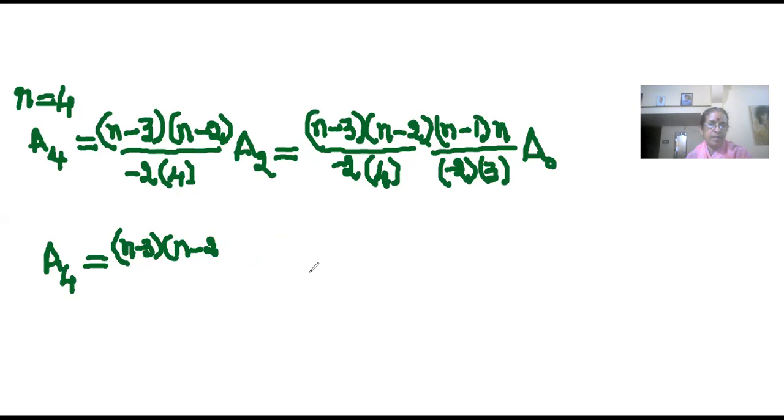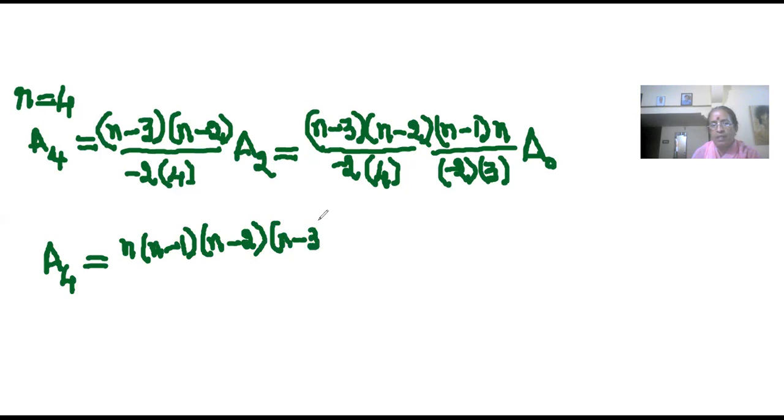I'm going to rewrite like this: N into N minus 1 into N minus 2 into N minus 3, whole divided by.